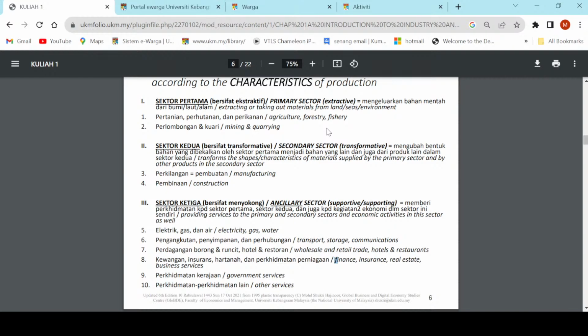And now the third from our note, providing services to economic activities in this sector as well, within this as well.